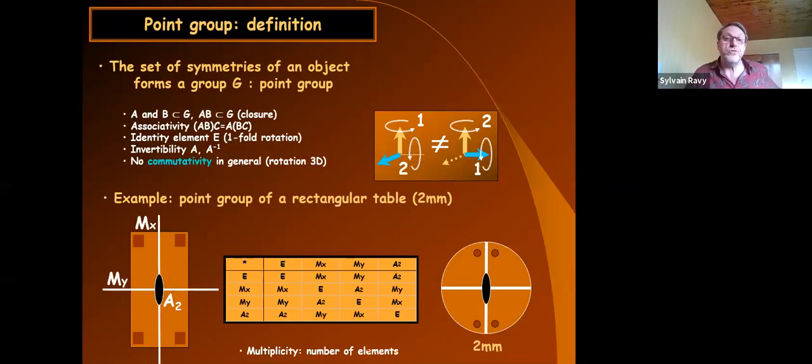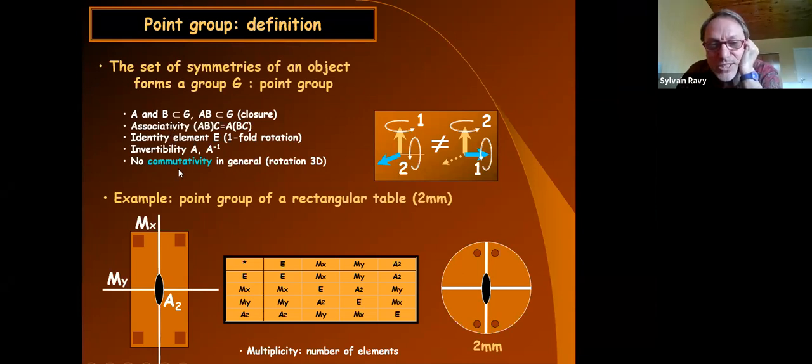Of course, the most important point is that the set of symmetries of an object forms a group G, which is called a point group. So it has all the characteristics of a normal group. I don't explain to you what it is.